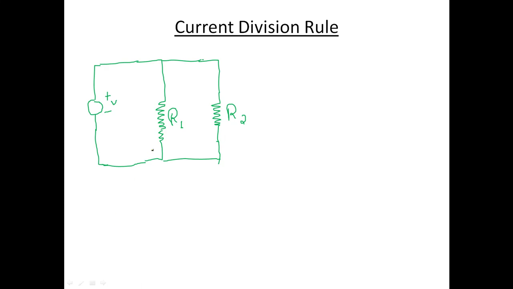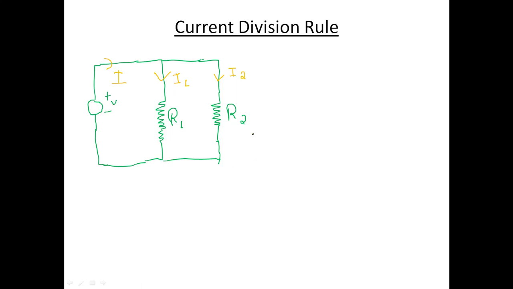Now there is a current flowing through the circuit that is given by I, and there is one current flowing through the circuit known as I1, and there is also another current flowing through the circuit, I2. Now in current division rule, we have to calculate I1. What is the current flowing through I1?